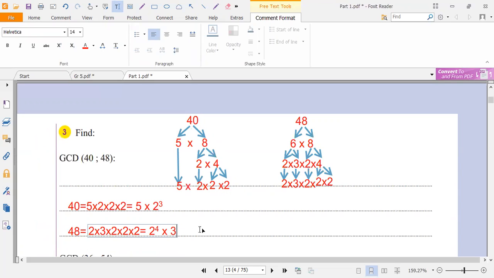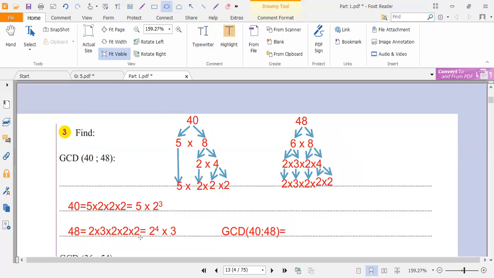Now we have to find the GCD between 40 and 48. Pay attention. To find the GCD, we look where are the common factors between 40 and 48. Look here. We have 2 and 2.